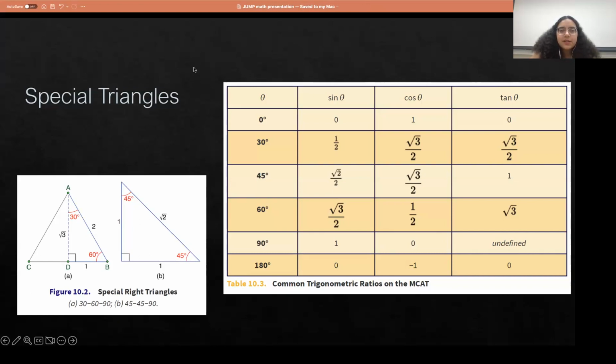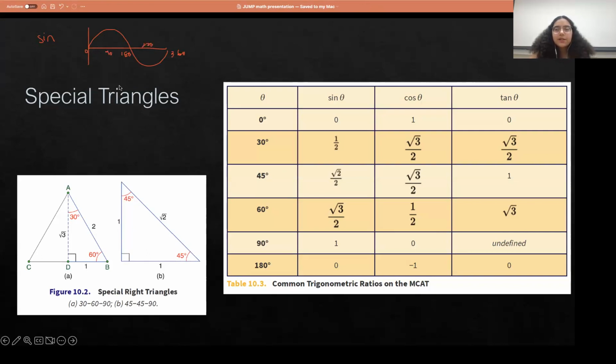Another thing to remember is you can always draw out the graphs for these. So if you have sine, you should know it starts at 0 and then it goes up and down. So this is 0, this is 180, this is 360, this is 270 and 90.